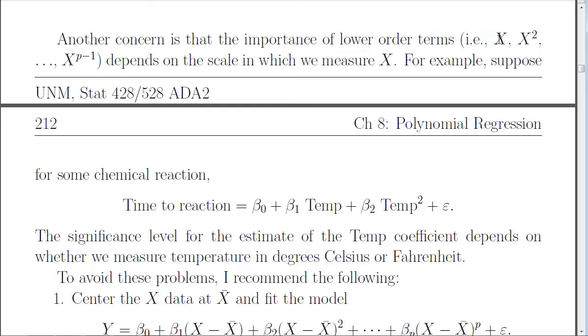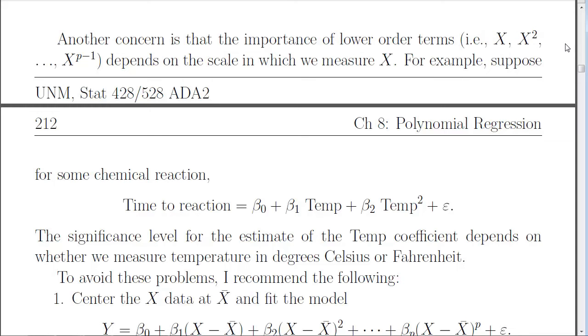So whether beta 1 is important for the slope and beta 2 for the quadratic and so on, whether those terms are significant in the model depends on whether you measure something in meters versus feet or pounds versus kilograms or things like that.